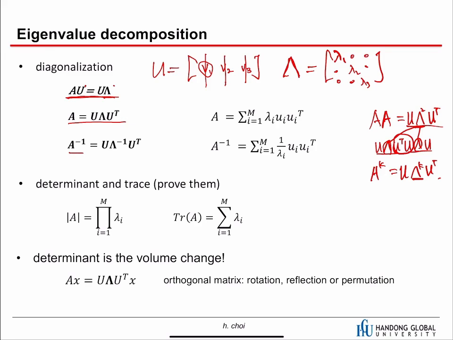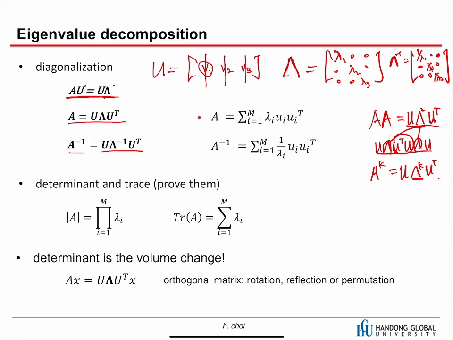We don't have to use the inverse definition. If we have the eigen decomposition already, then we have the inverse of A. Lambda inverse is really simple: 1 over lambda 1, 1 over lambda 2, 1 over lambda 3 on the diagonal, and zeros elsewhere. So computationally, it's really cheap.